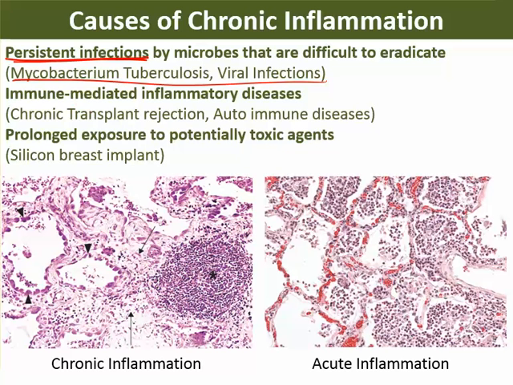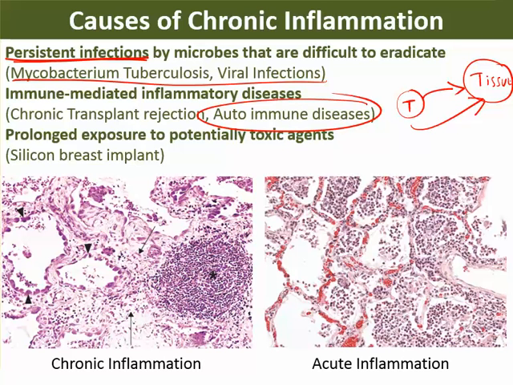And there are some diseases where our own body's immune system, the person's own T cells, will attack the person's own tissue. Have you heard of it? The person's own immune system attacks his own tissue. That is called autoimmune diseases.